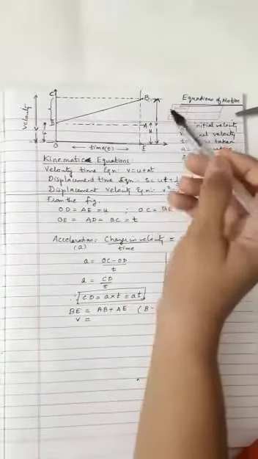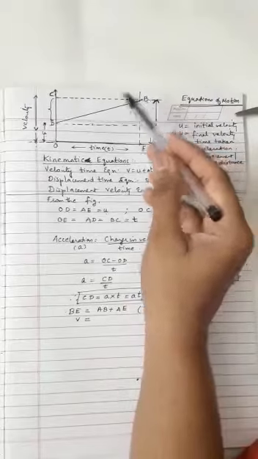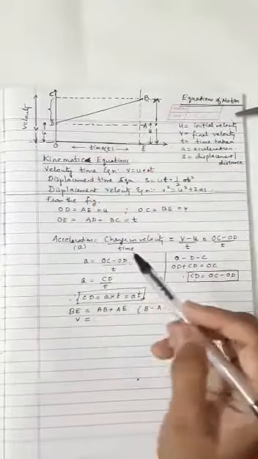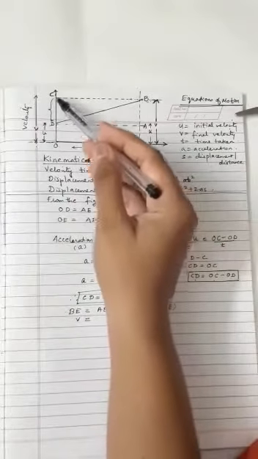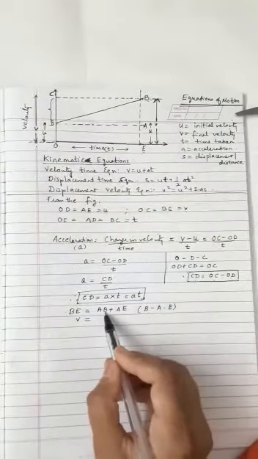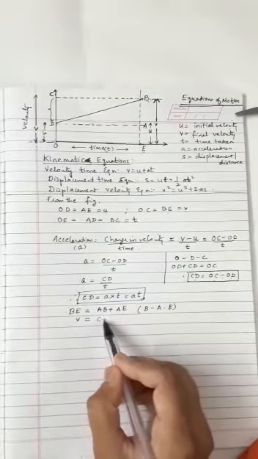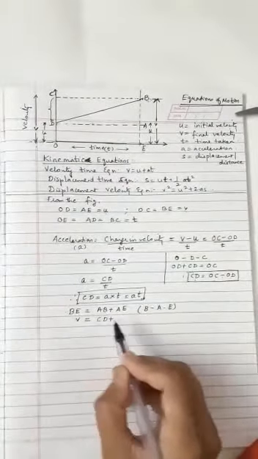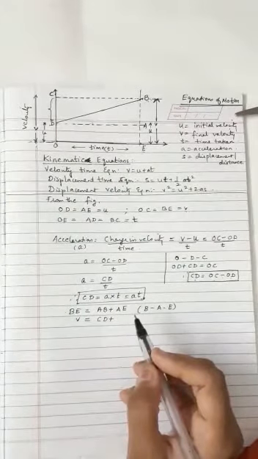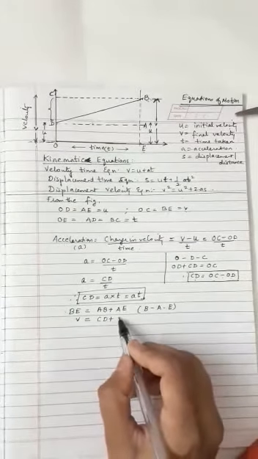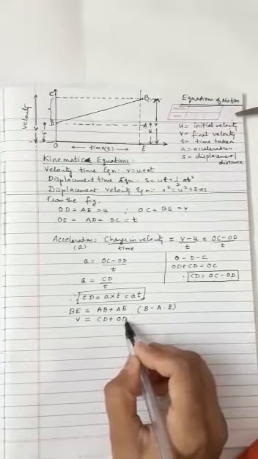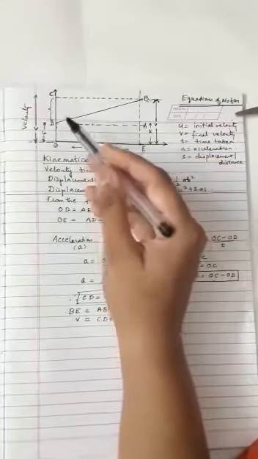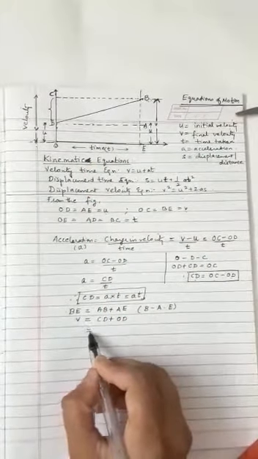Now in the graph again you can see AB is same as CD. Here we have written AB is same as CD. So in place of AB I can write there CD. Correct? And in place of AE I can write there OD. Now children, what is my CD?